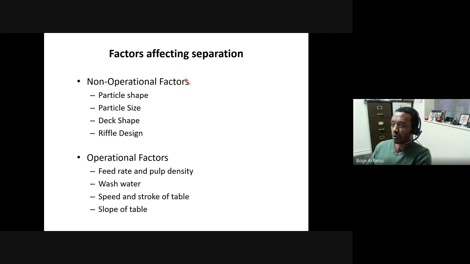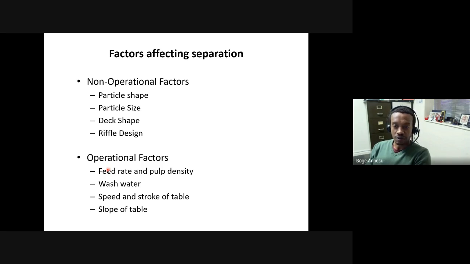So those are what we call non-operational factors, factors that don't depend on the way you operate the table, while other factors are operational factors, which you can easily adjust, okay? And therefore, by adjusting those factors, you can maximize the performance of the table. Actually, table operation is trial and error.